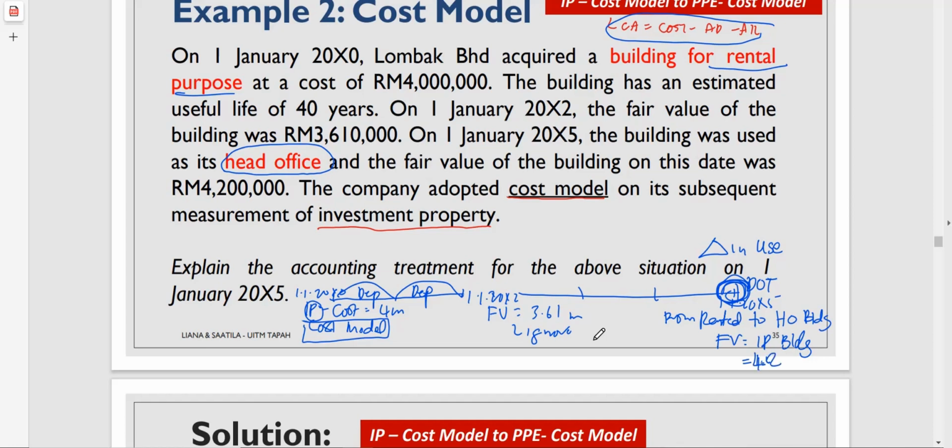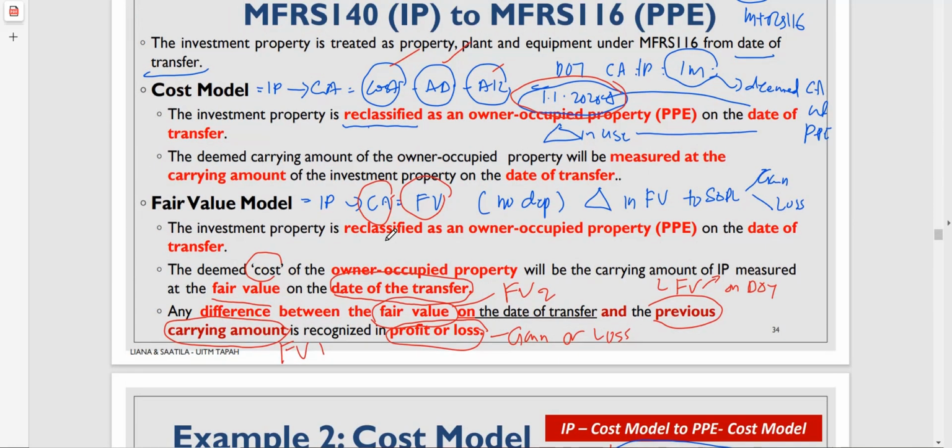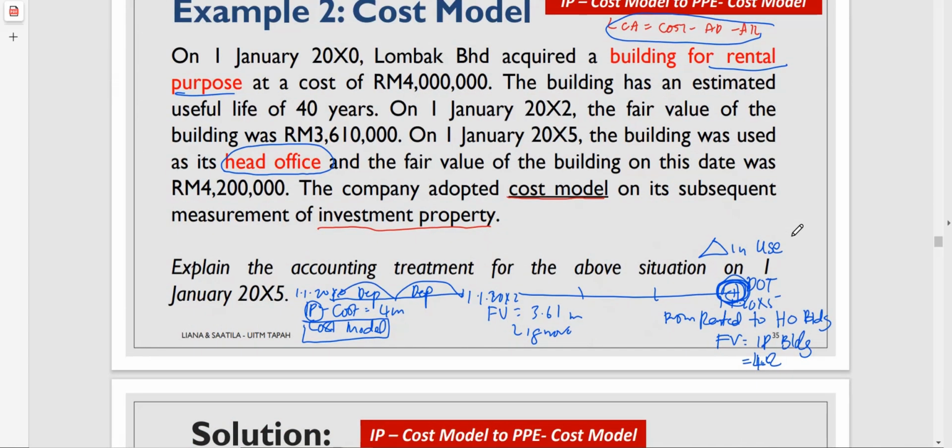So remember what I just mentioned in the previous slide, the deemed carrying amount of the PPE would be measured at the carrying amount on the date of transfer. So you have the information on fair value here. The fair value is 4.2 million, but however, you need to ignore again this information on the fair value.